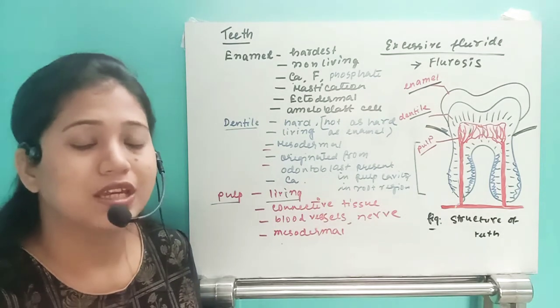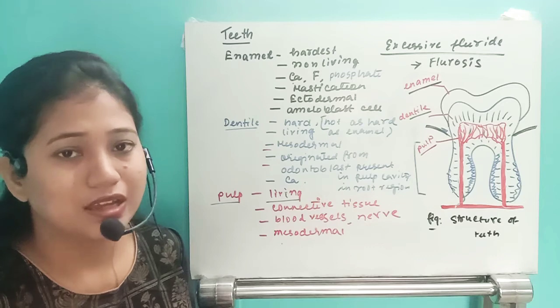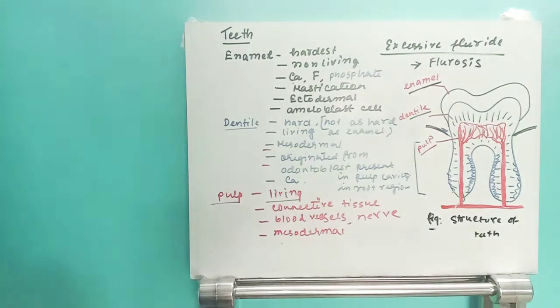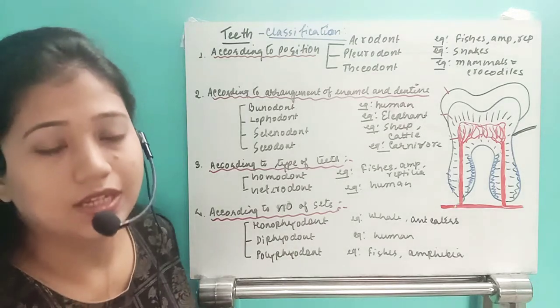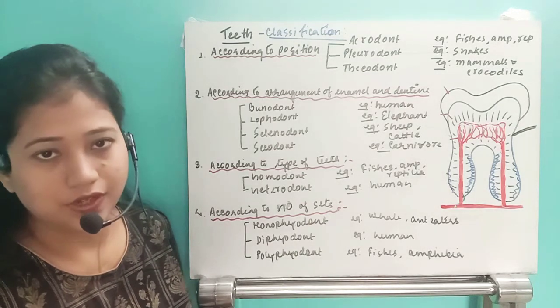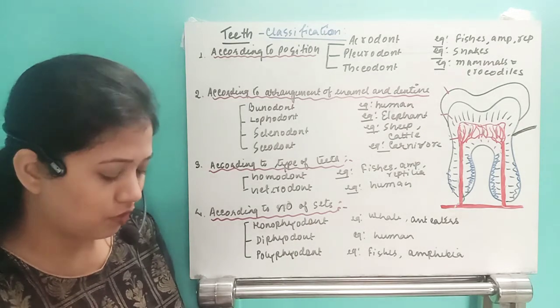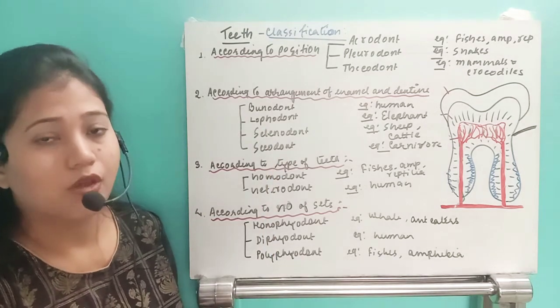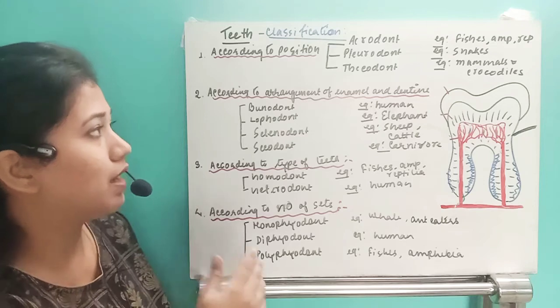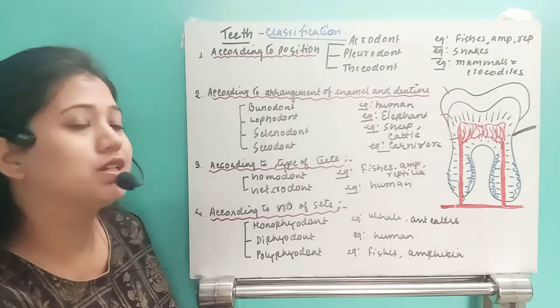Remember, after that, let us see the next part, that is the types of teeth. Let us see the different classifications of the teeth. First of all, according to position, where the teeth is present, we have three different types of teeth. What are they?